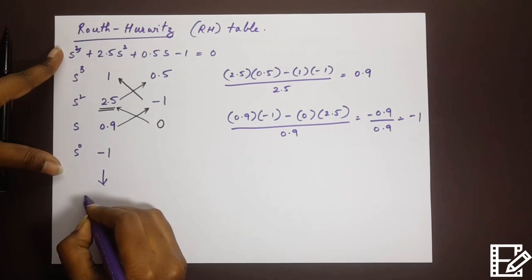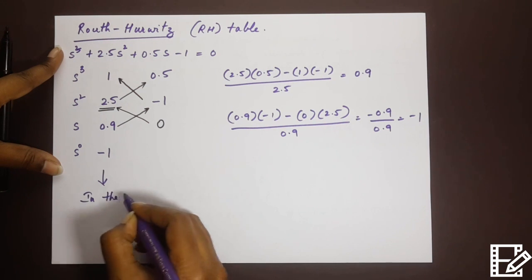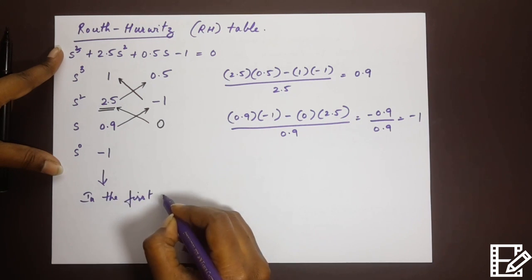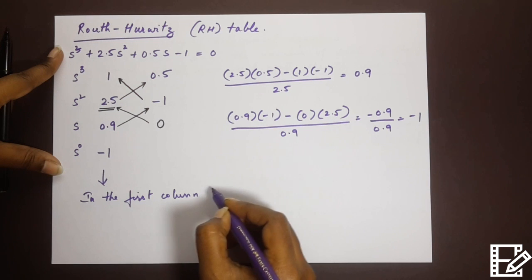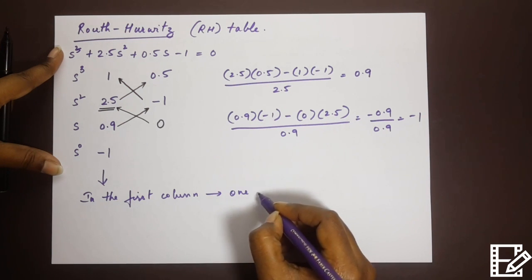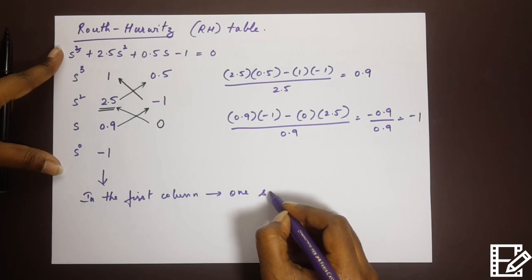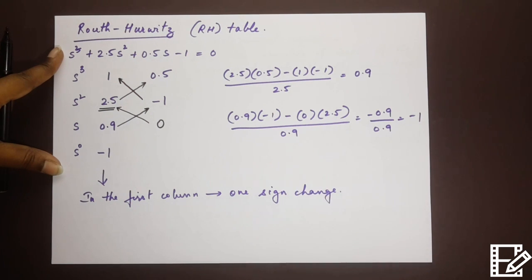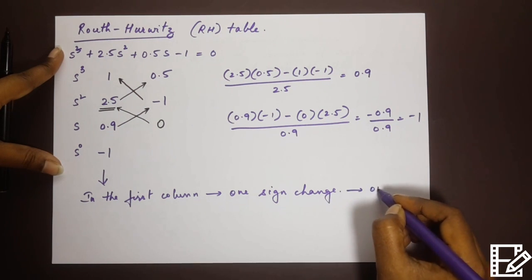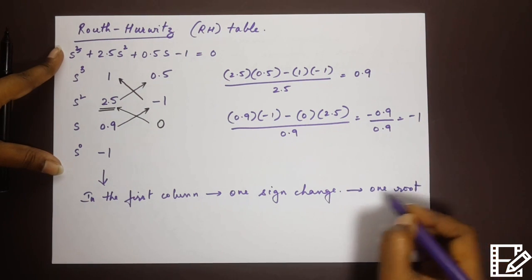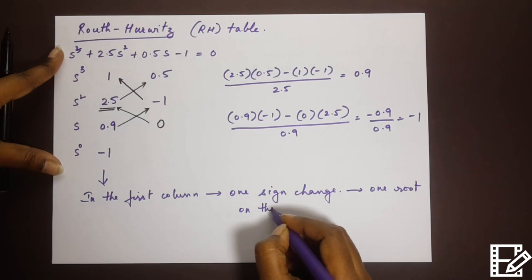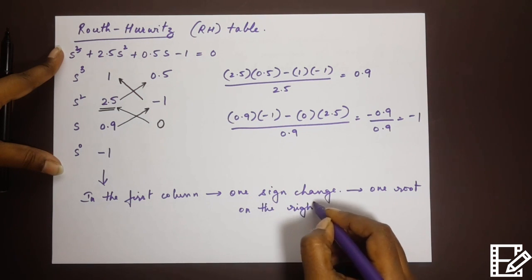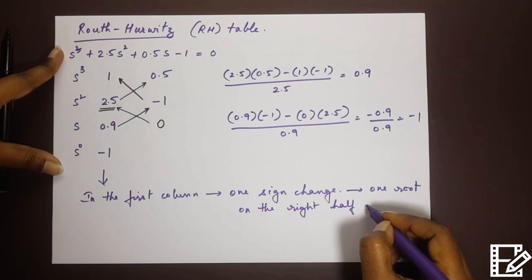So in the first column, we have a single sign change. And because we have one sign change, it means that there is one root on the right hand side, on the right half of the plane.